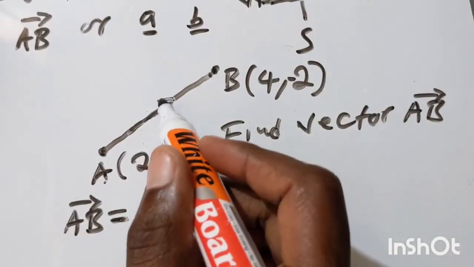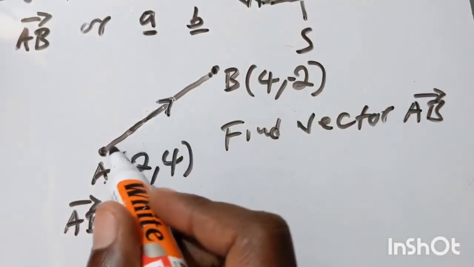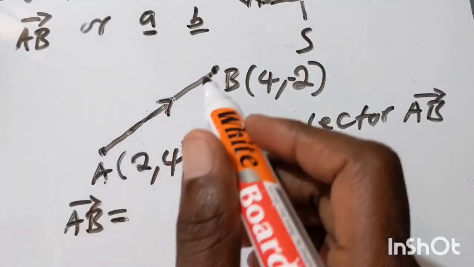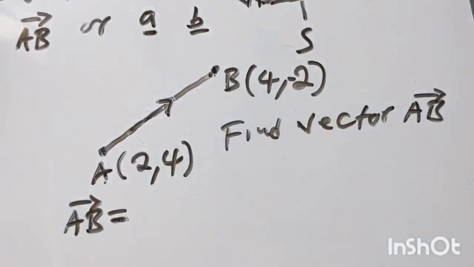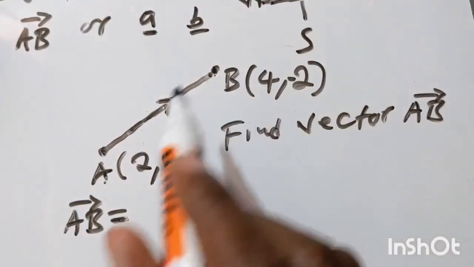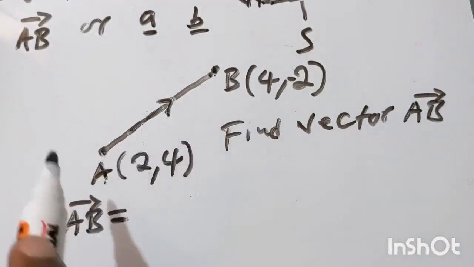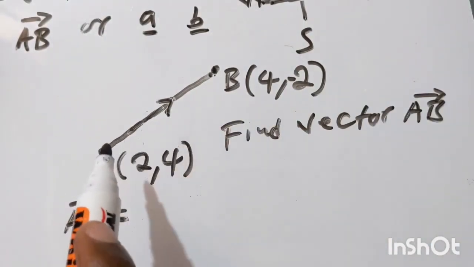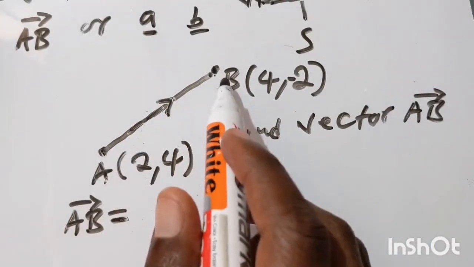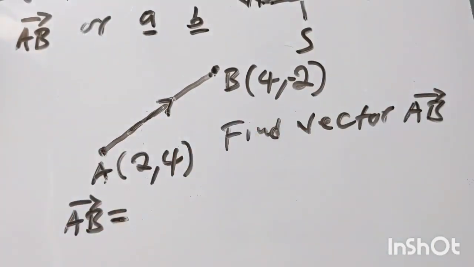The starting point is A, the ending point is B. So now, how do you find this vector?